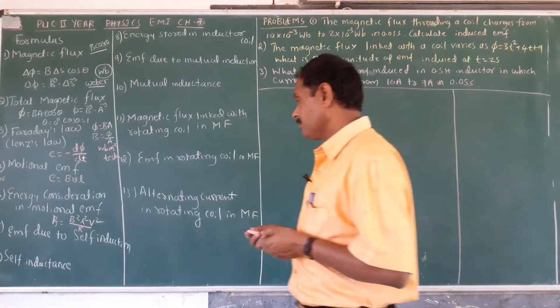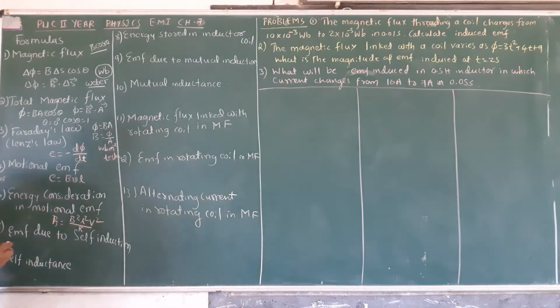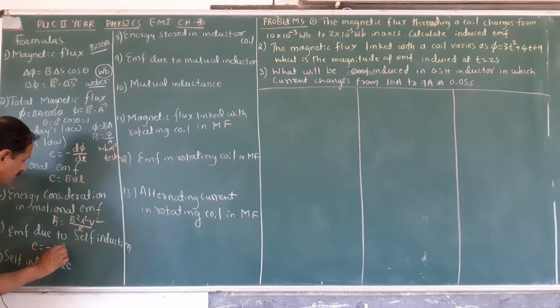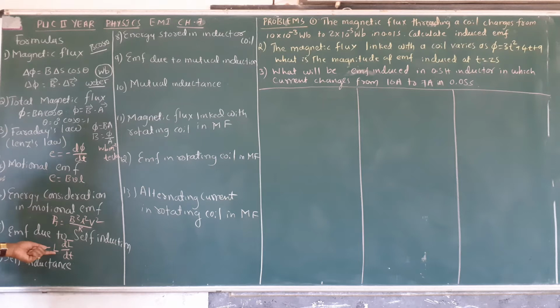Okay. The EMF due to self induction, that is E is equal to minus L into di by dt. What is L? L is the self inductance of the coil, di is the change in the current and dt is the time.